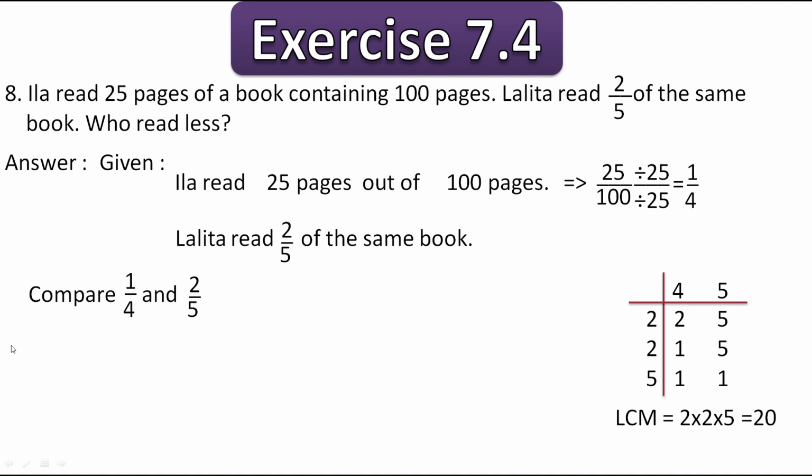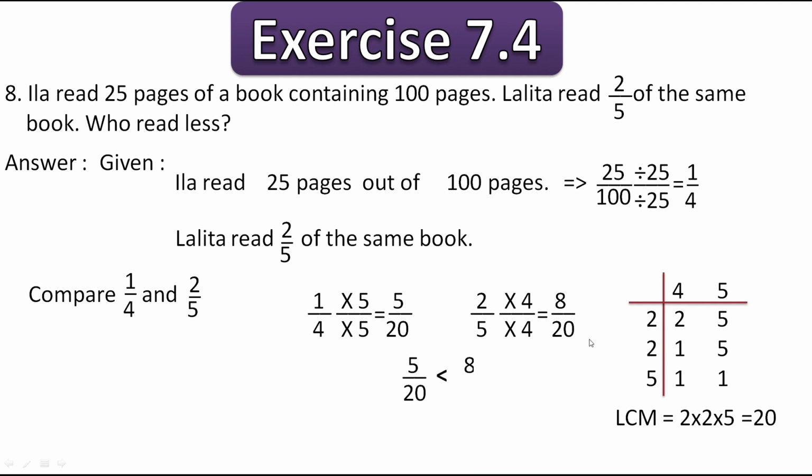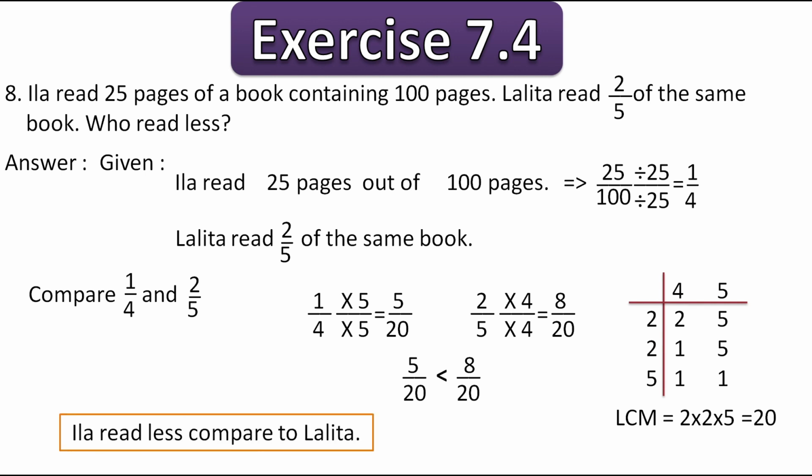So the first fraction here is 1 upon 4, which we have to multiply with 5 to get the same denominator. And here we have to multiply with 4 so that we will get the denominator 20. Now when we compare this 5 upon 20 and 8 upon 20, we understood that 5 upon 20 is less than 8 upon 20. So Ela reads less compared to Lalita because the first fraction is less than the second fraction.